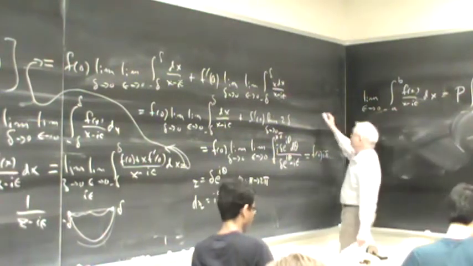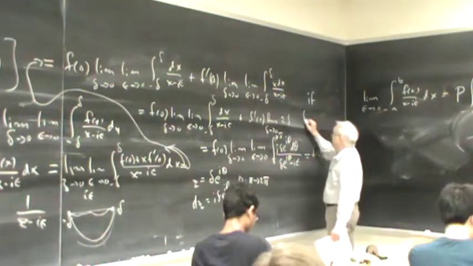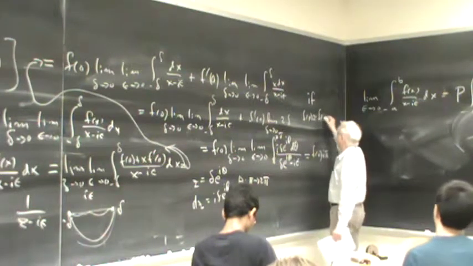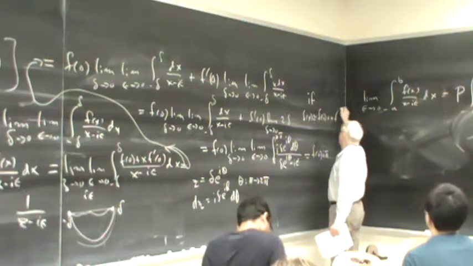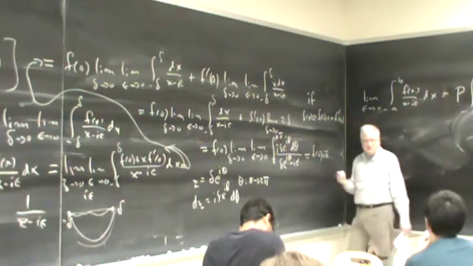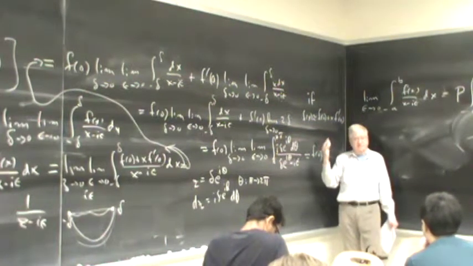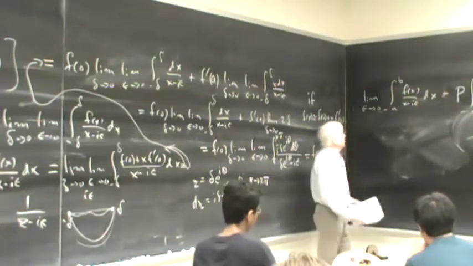Now, of course, we're assuming f of x is approximately f of 0 plus x f prime of 0. In other words, we're assuming analyticity of f or differentiability of f. Okay? All right, so that's the rule.